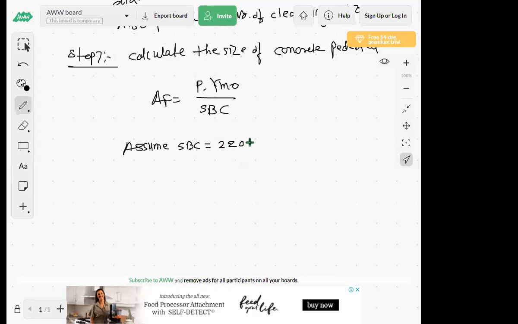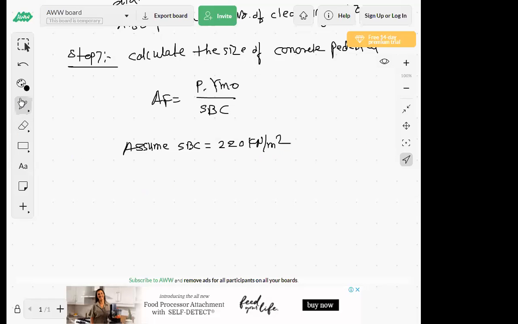So here we will assume 220 kilonewton per meter square. Generally you can assume greater than 150, 160, up to 250. This is the value for hard strata.